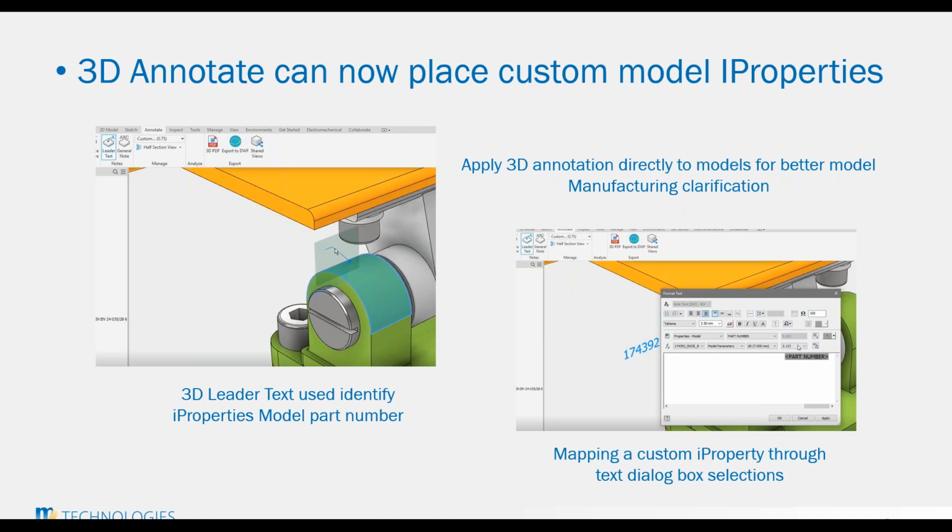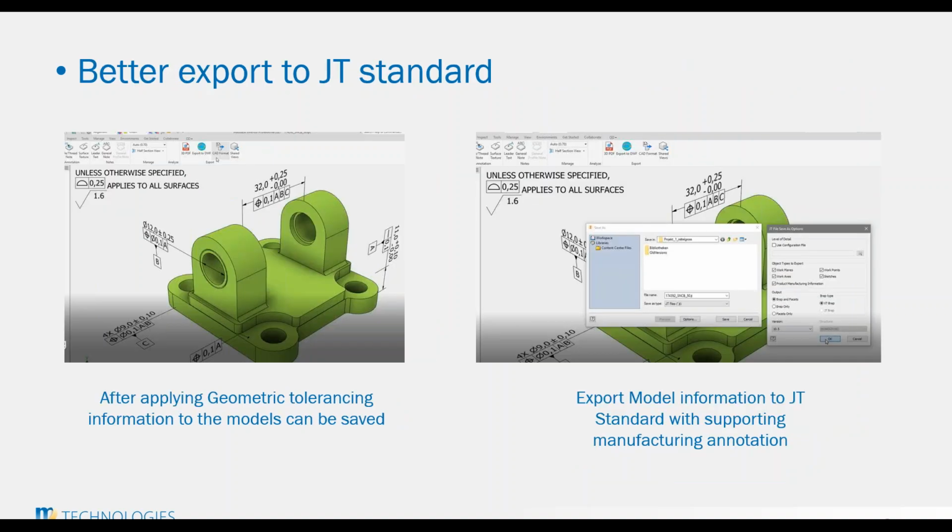The information that this is useful to is, on the next slide, the JT file format. What this allows you to do is put on your geometric tolerance, put on your leader notes, basically your manufacturing information to the part.